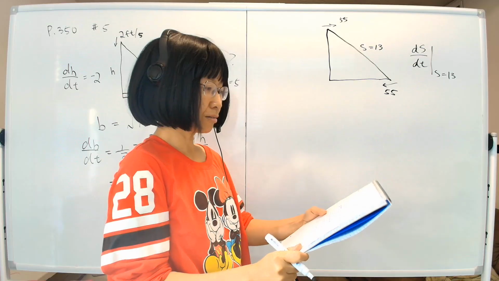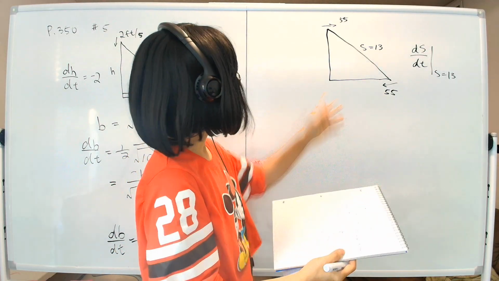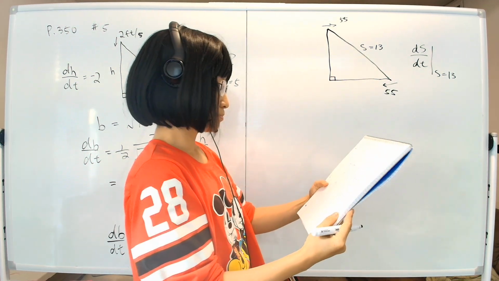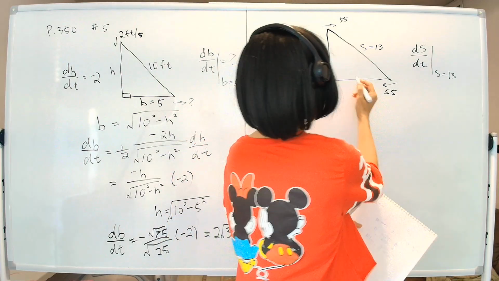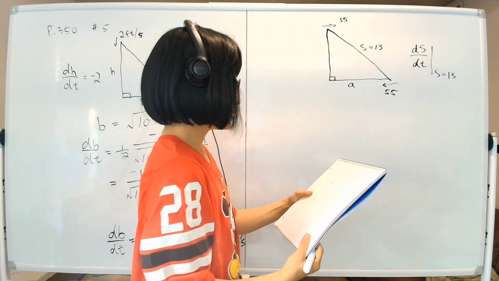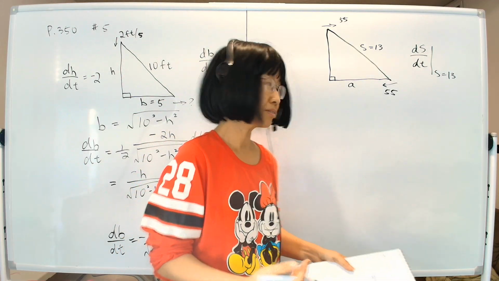All right, so again, this is a Pythagoras theorem problem, right? Because you have a right angle triangle here. And then we'll call the bottom here a. And then what is dA by dt? Now here's a small trick to this problem.